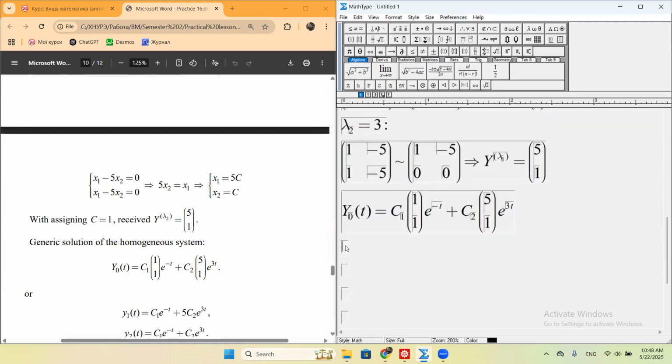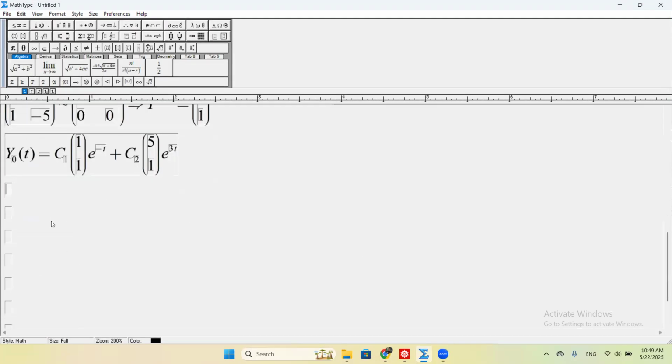Then how will we find y1 and y2? By the way, we found the solution of the homogeneous system. So now we will vary C1 and C2: consider C1 and C2 as functions that depend on t, and we will find these functions.